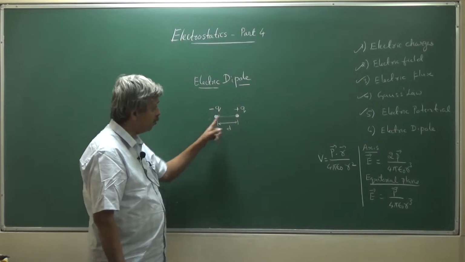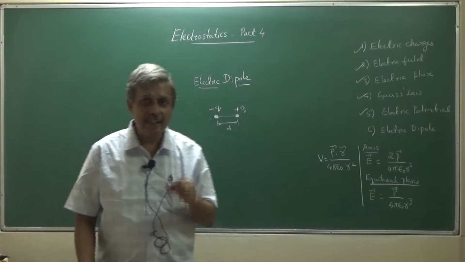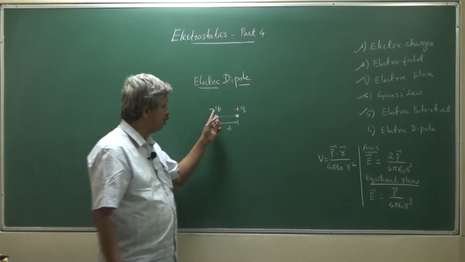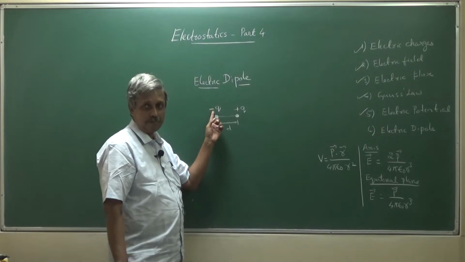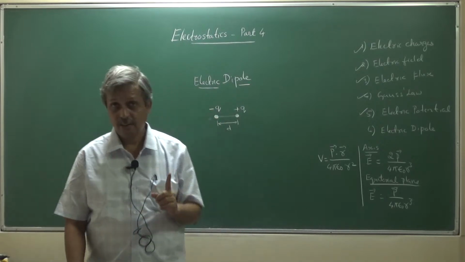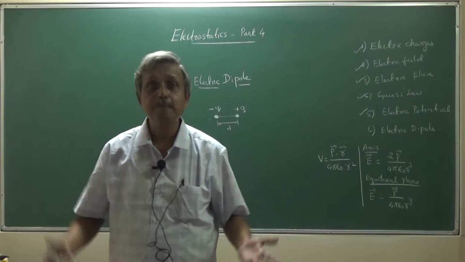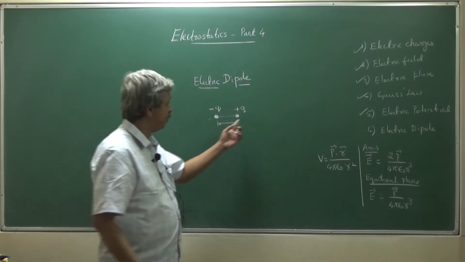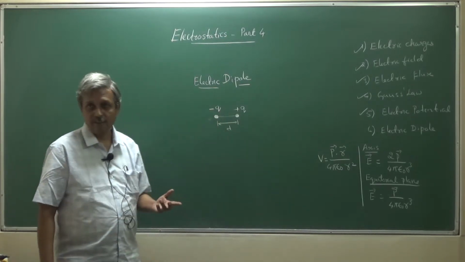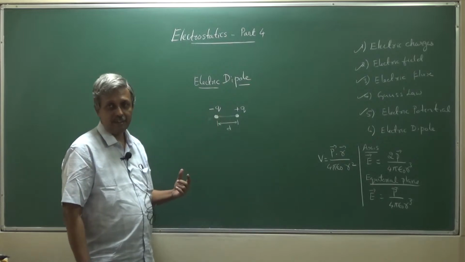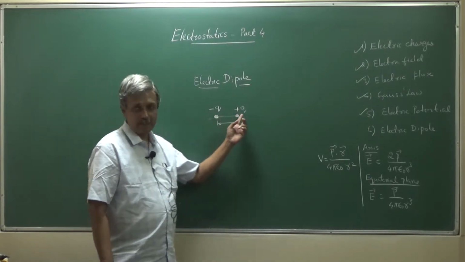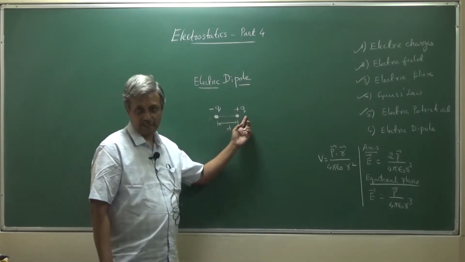So what is the main criterion? The criterion is that if this is plus 2 coulombs, this is minus 2 coulombs. They have to be equal. Like the north pole and south pole are equally powerful, just opposite. Same way here, plus q and minus q are equally powerful, but opposite. So if it is minus 2 coulomb, this is plus 2 coulomb. If it is minus 3 coulomb, this is plus 3.